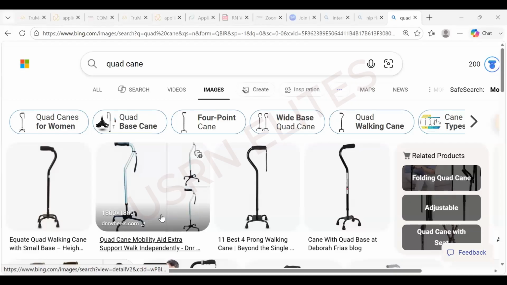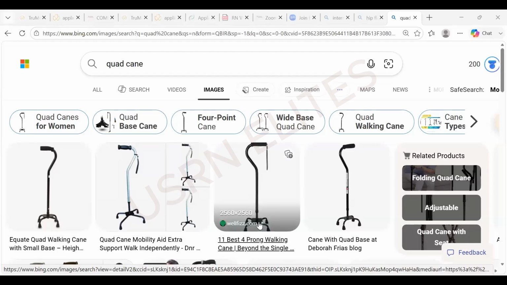You can see that the cane has 4 legs or feet. Can you see it? That's the quad cane. And this one provides more stability than the one that has only one. Okay. All right. So we are coming to learn.